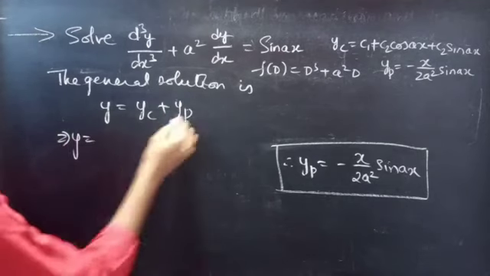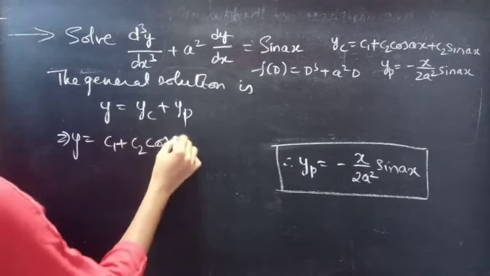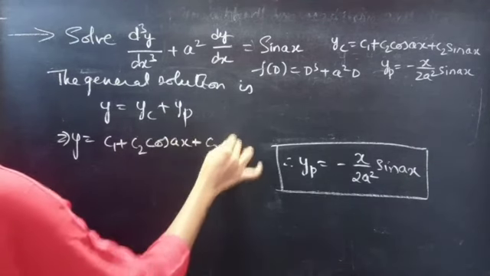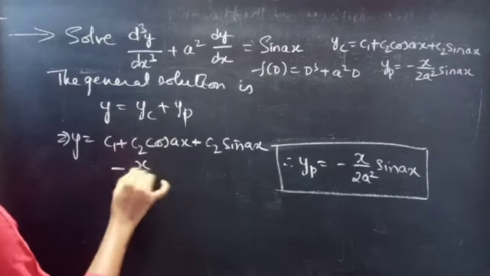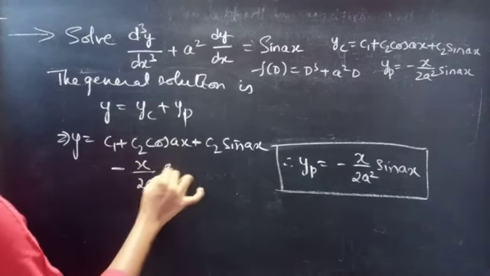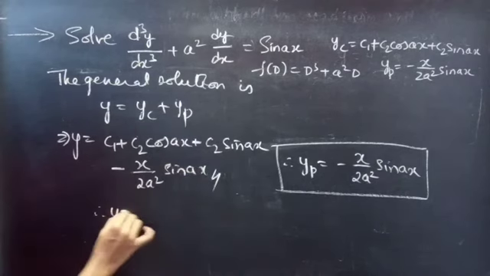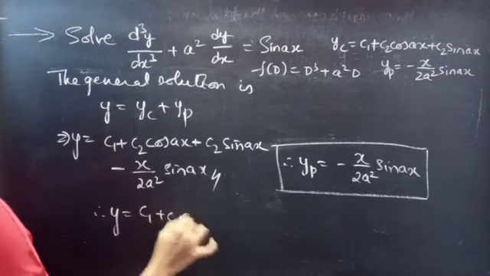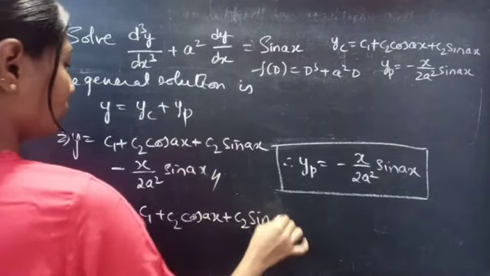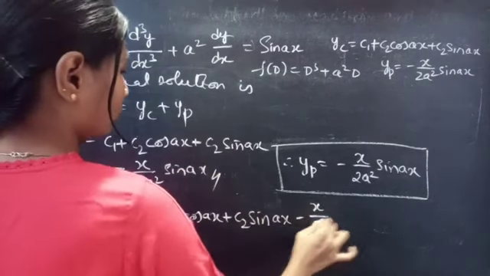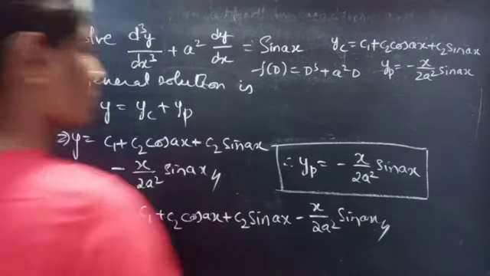Y equals, we have yc, c1 cos ax plus c2 sine ax, plus yp, minus x by 2a square sine ax, which is the required solution.